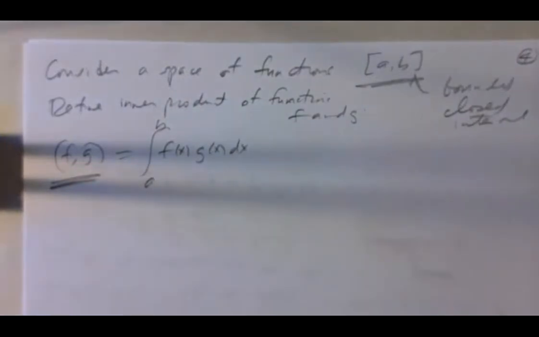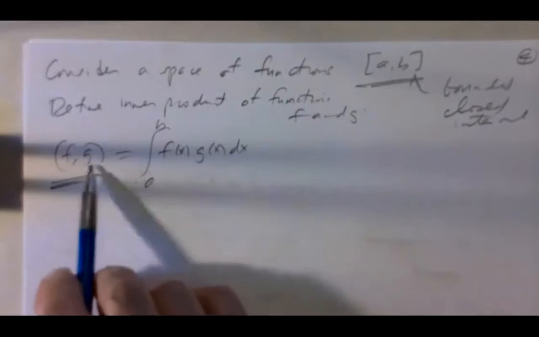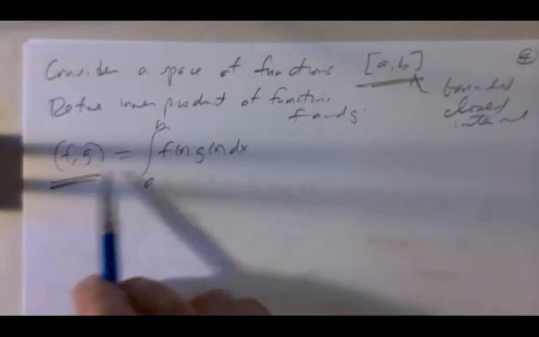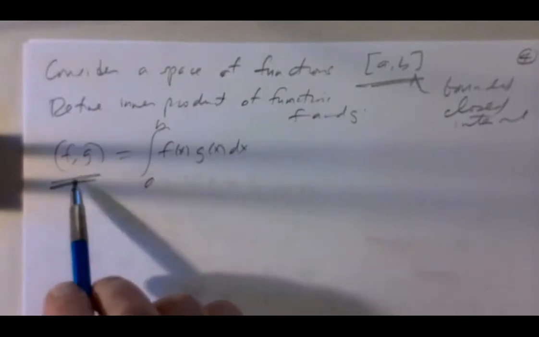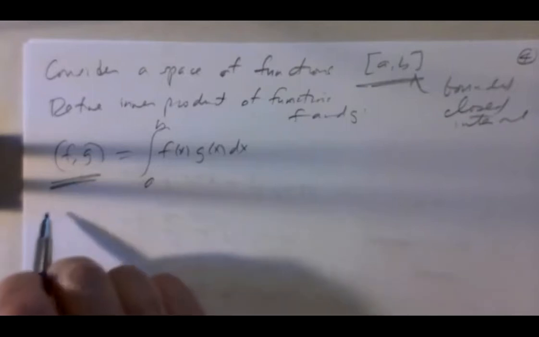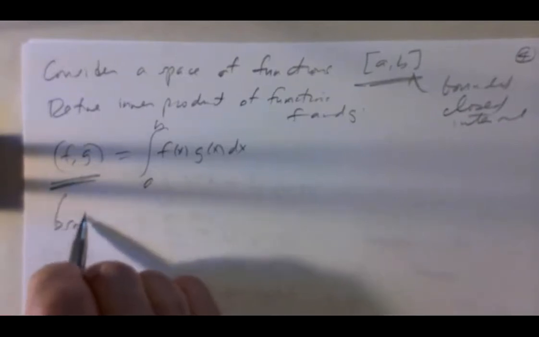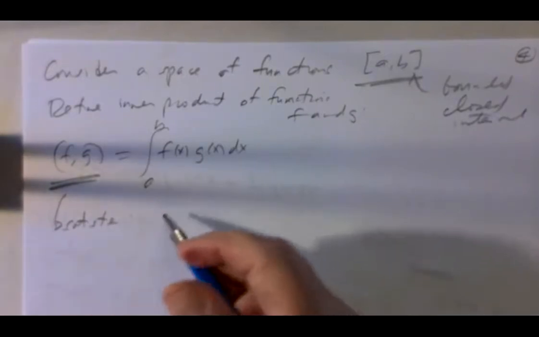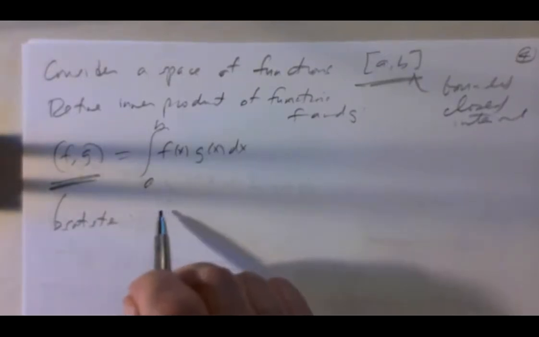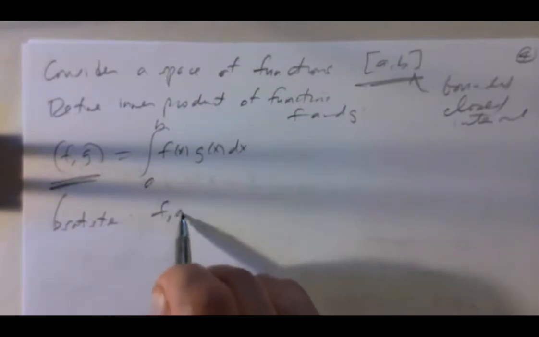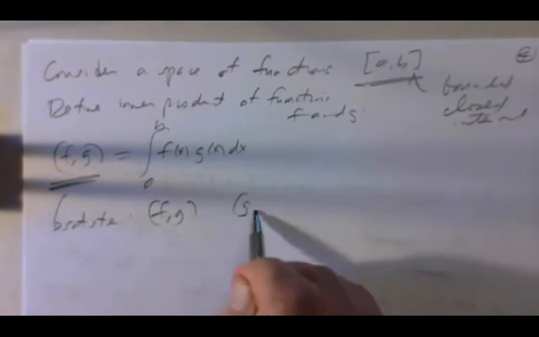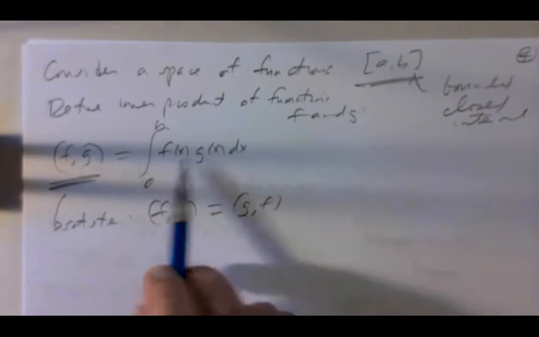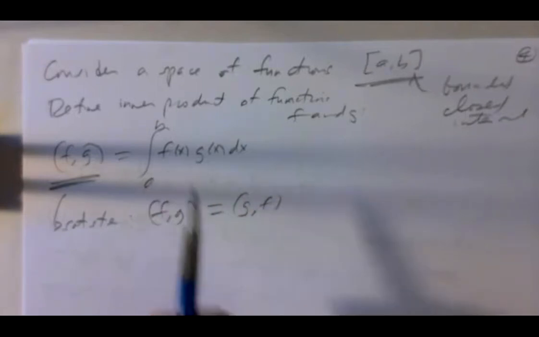It's just the integral of the product. And it's easy to check that this inner product satisfies the following very natural conditions. You learn this in calculus, it's no different. So the inner product of f and g and the inner product of g and f are the same. Of course, f times g is the same as g times f.